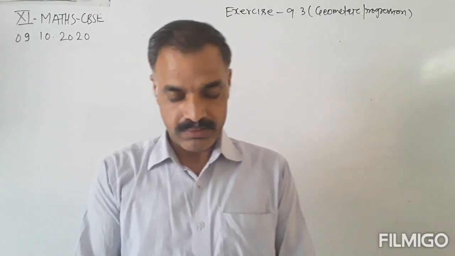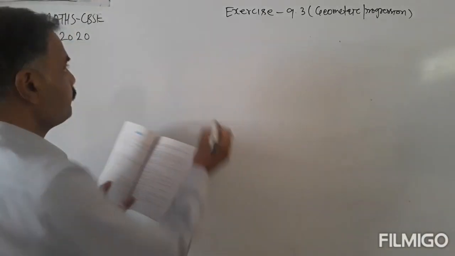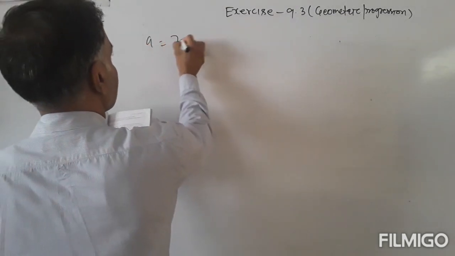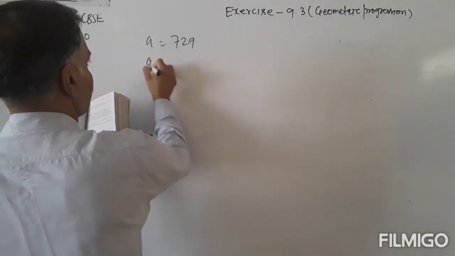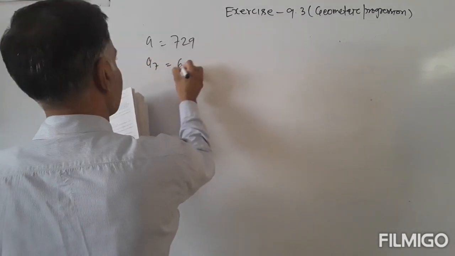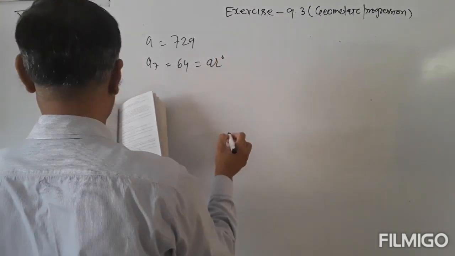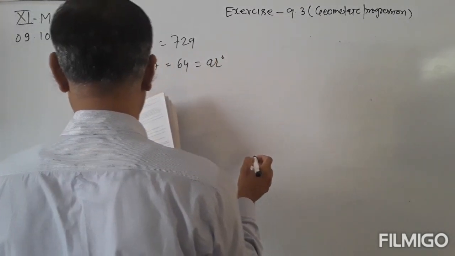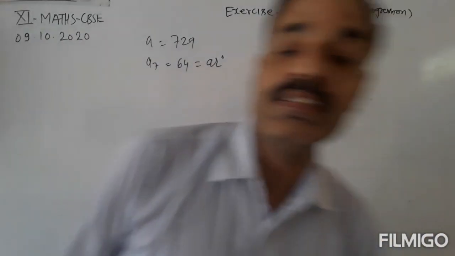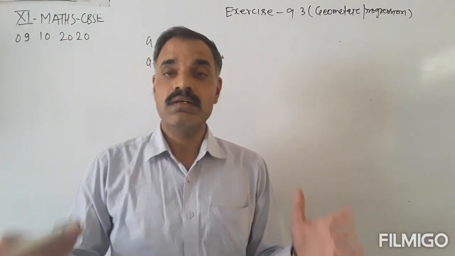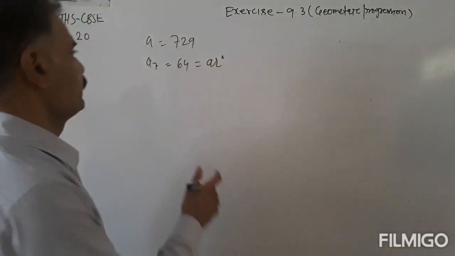Given a GP with first term a equals 729, and seventh term a7 is given as 64, that is ar to the power 6, determine S7. We have to determine S7, means the sum of first 7 terms of the GP.